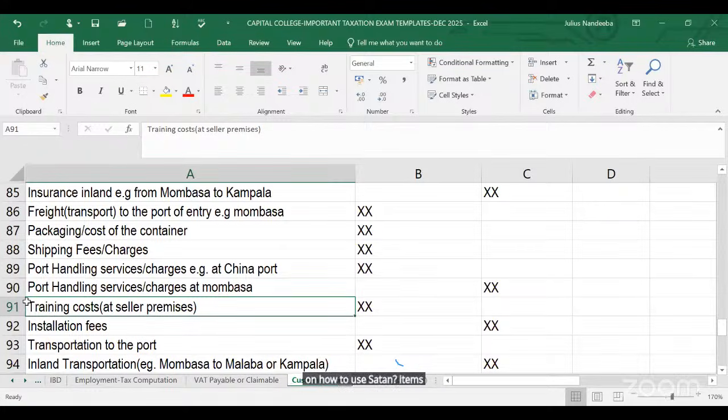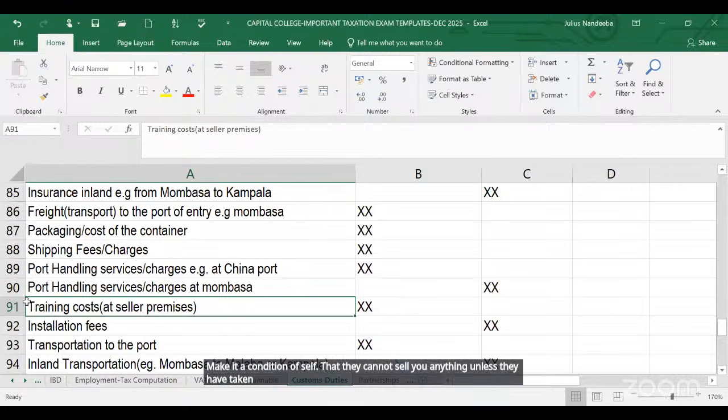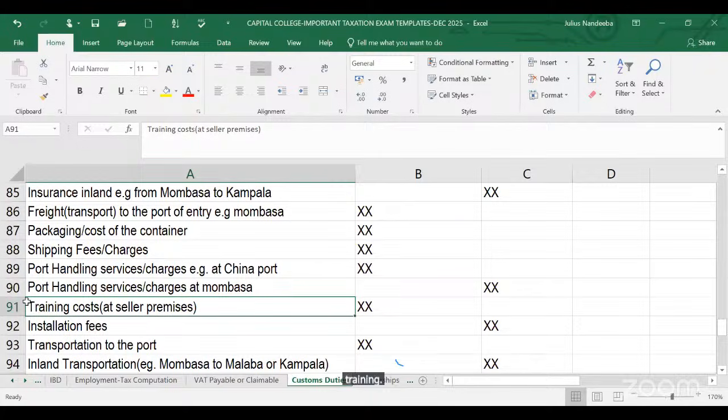And sometimes the manufacturers make it a condition of sale that they cannot sell you anything unless they have taken you through training. So if training cost is a condition of sale, it becomes part of the customs value.